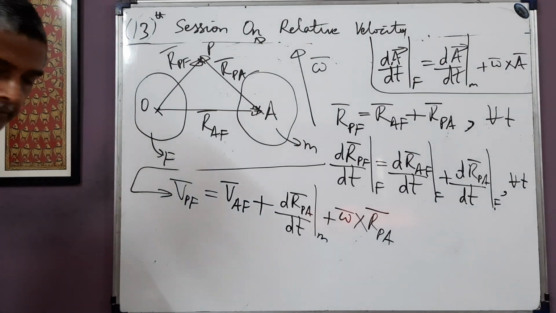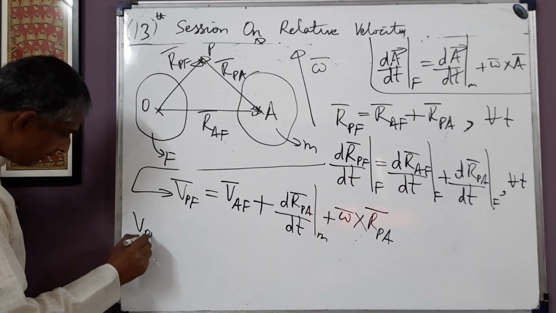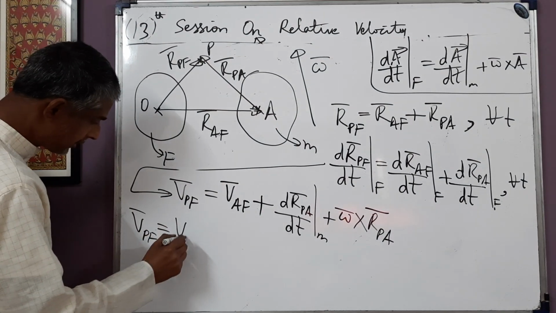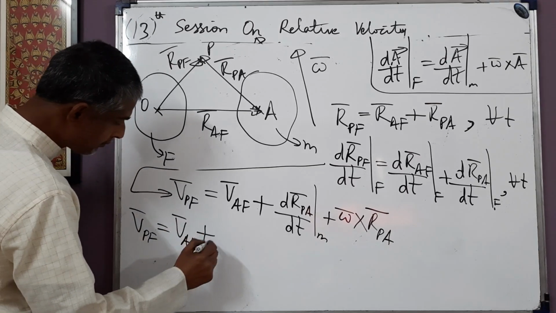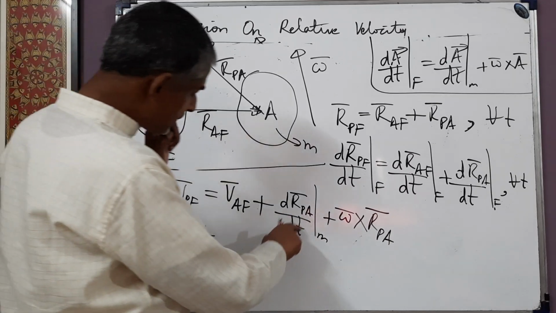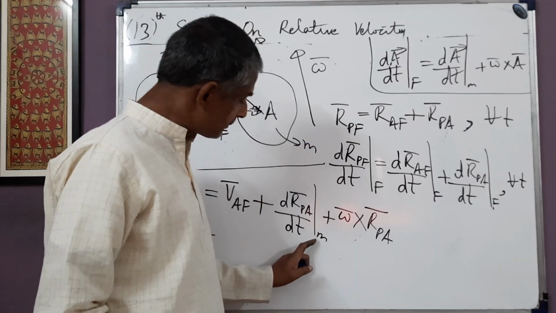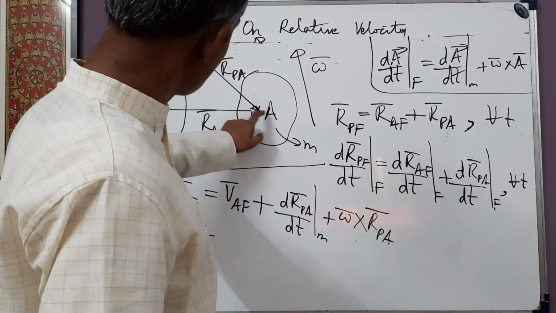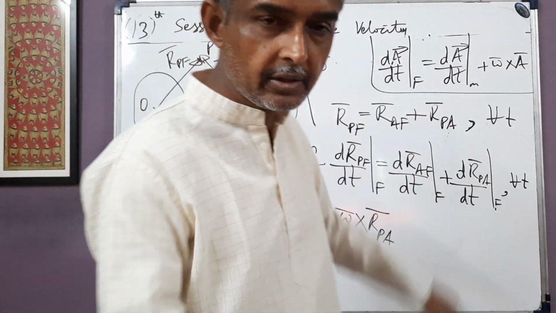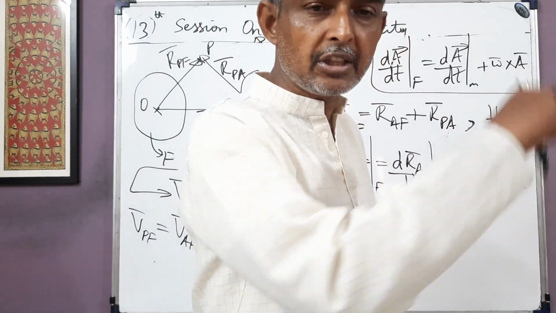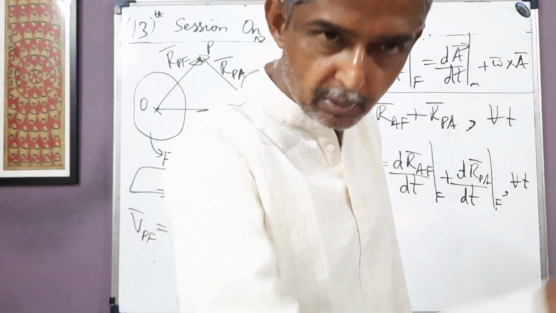All right. Fine. So vPF is equal to vAF plus... Now what about d rPA by dt in frame M? This is nothing but the relative velocity of P with respect to A in frame M. Just now as I discussed, dr by dt in frame F is equal to vP2F minus vP1F.